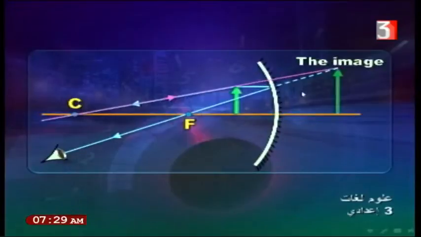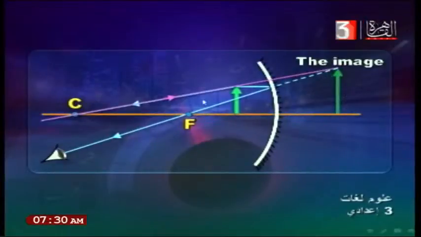So the object will form an image behind the mirror, greater than the object. This image is not a real image, but an imaginary image, not formed on the screen. It is formed from the extension of these rays.